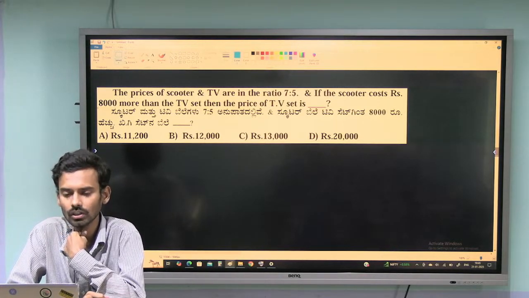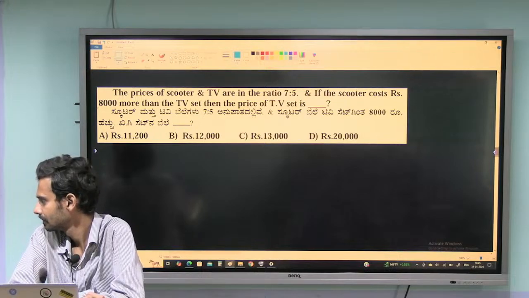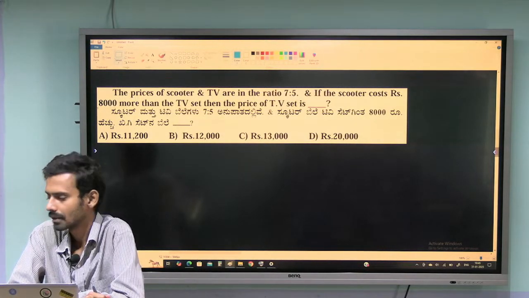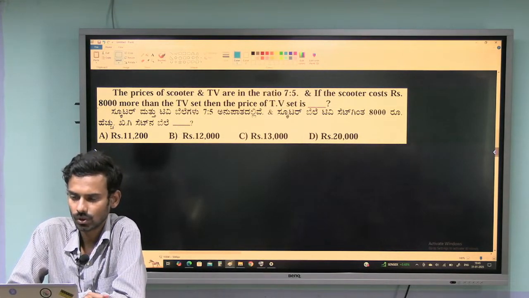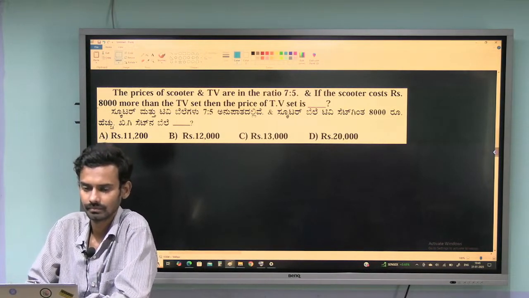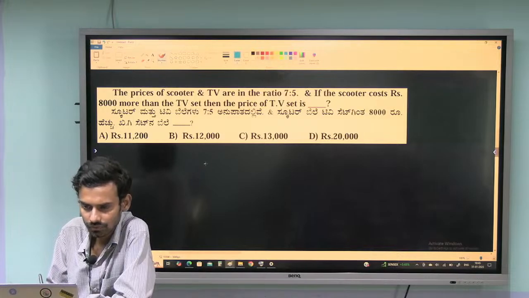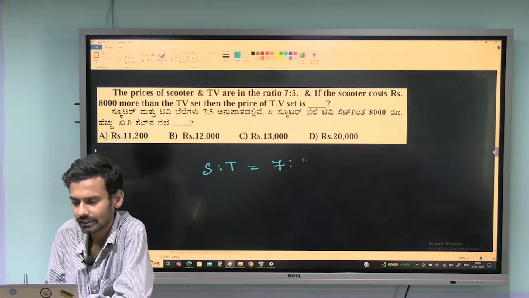If the scooter costs rupees 8,000 more than that of TV, then the price of TV set is. Don't you think this is very similar to previous question? Price of scooter is to TV is given to you as 7:5.